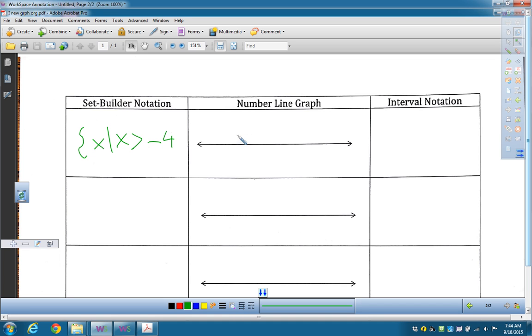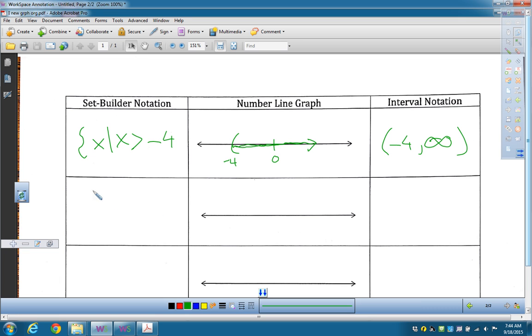And I put a little curvy bracket down here at -4. I put a 0 here. And then I put an arrow going up this way. And then interval notation was -4, comma, infinity.